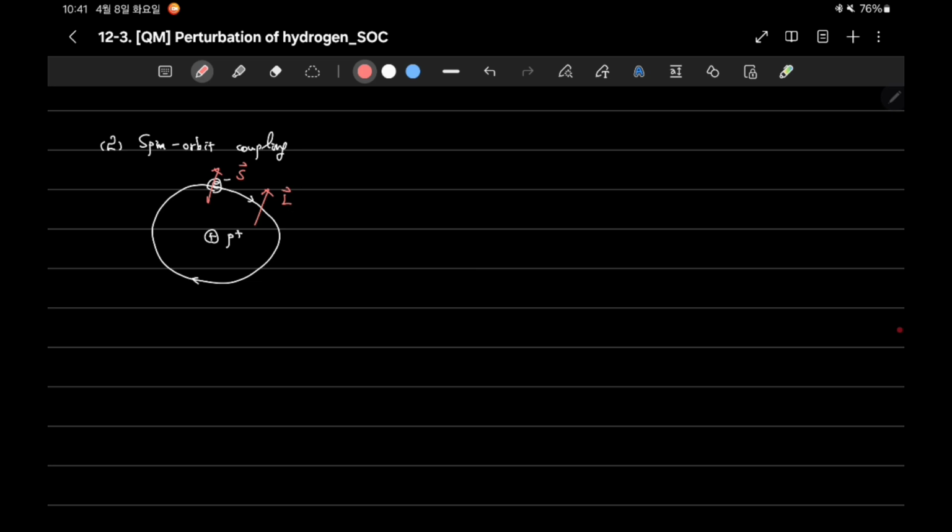But how do we imagine the interaction between S and L? Basically, spin-orbit coupling is the interaction between the electron spin and the orbital angular momentum.